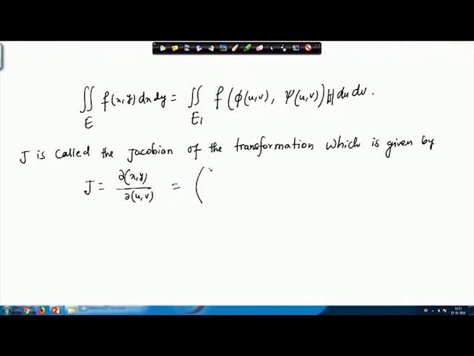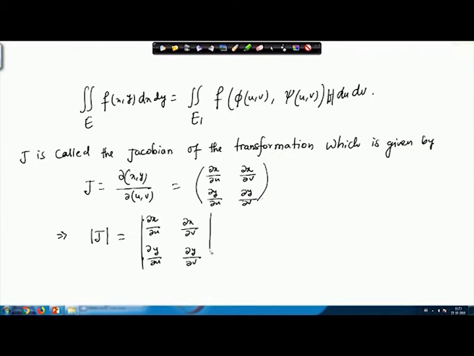It is basically a matrix: del x del u, del x del v, del y del u, del y del v, and the Jacobian determinant is the determinant of this matrix. So, this is basically our Jacobian matrix.